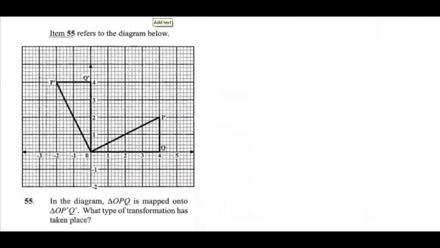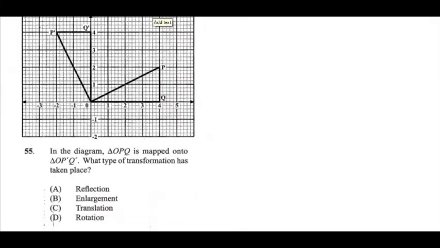55, this diagram again. In the diagram, OPQ is mapped under that. What type of transformation has taken place? As you can see, O should remain stationary, and this seems like it is a rotation anti-clockwise of 90 degrees.